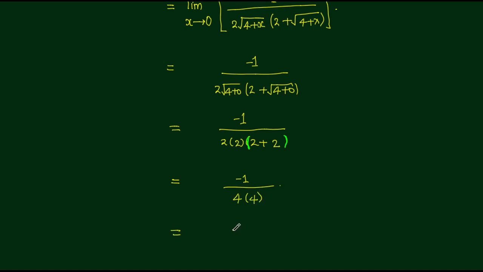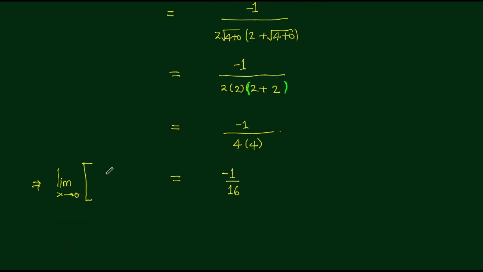So 4 and 4 give us negative 16, and that is from the limit as x tends to 0 of the original expression that looked like 1 over under root of 4 plus x, then minus 1/2 all over x, and we can close our bracket here. It gives us that solution.